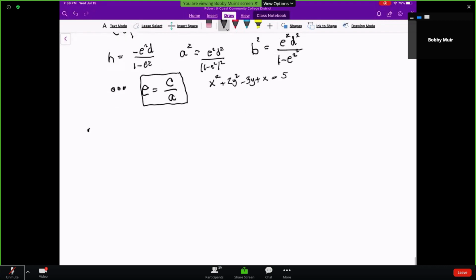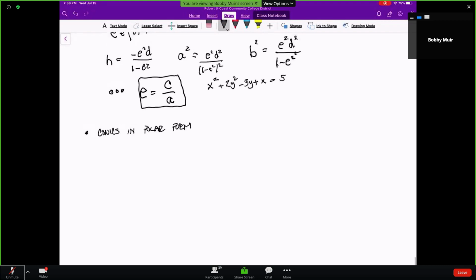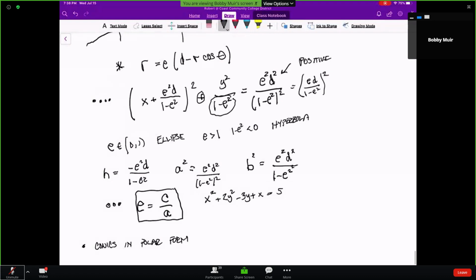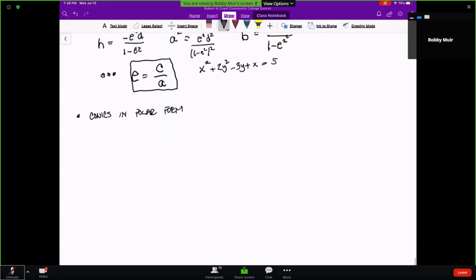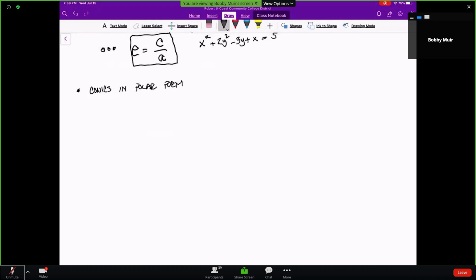they end up looking kind of interesting. So conics in polar form. All right, so if you go back up here, I had already had something like this starting off. Okay, so here's what we have.